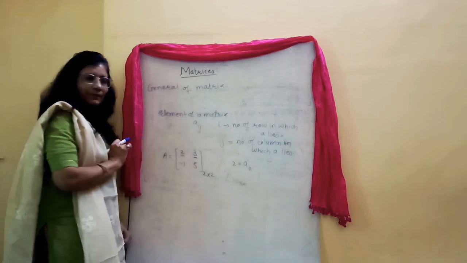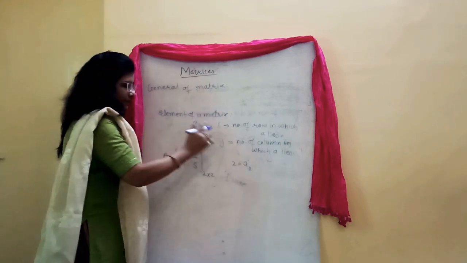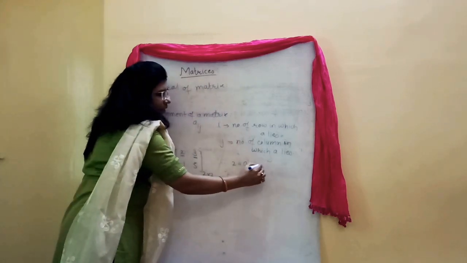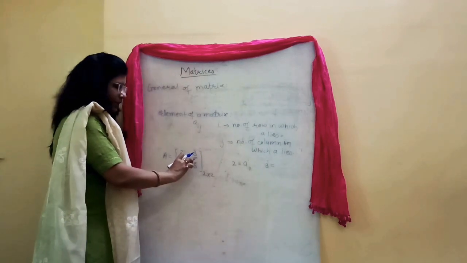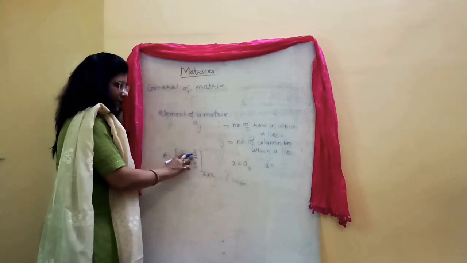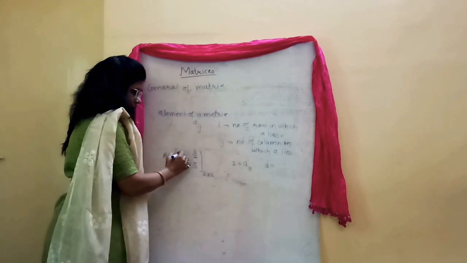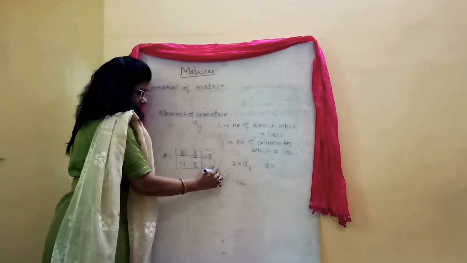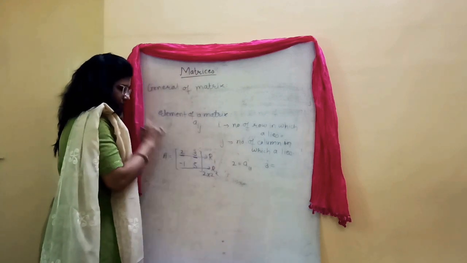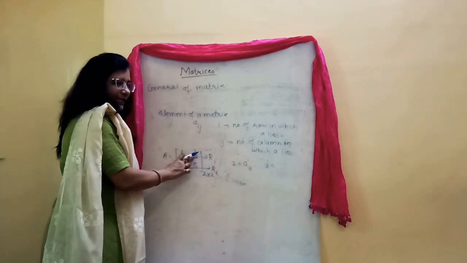Now let us go in order. Suppose we consider the element 3. This 3 is lying in the first row. This is the first row, and this is the second.